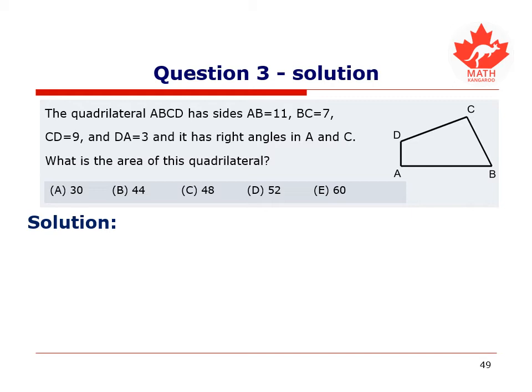So we're told that AB is 11 units, BC is 7, CD is 9, and DA is 3. We're also told that we have right angles at A, that's a right angle, and a right angle at C. The objective is to find the area.